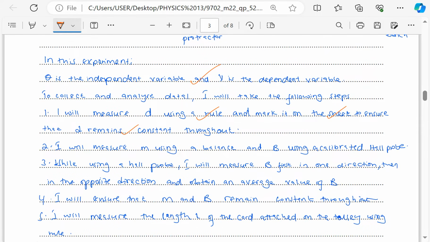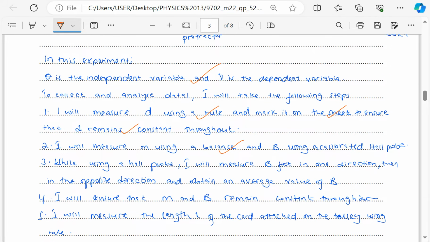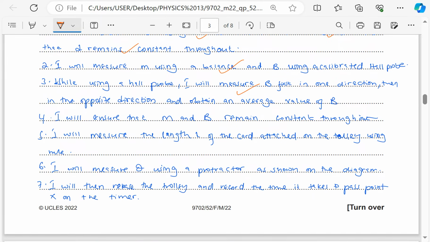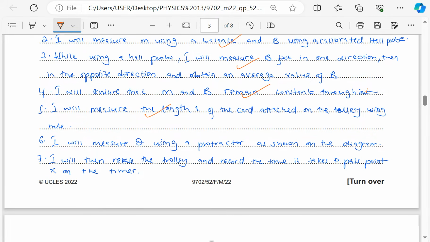Measuring M using a balance and measuring B using a calibrated Hall probe, those are 7, 9. Improving the value of B while using a Hall probe, those are already 10. I will ensure that M and B remain constant. That is correct because they affect the results. Then I'll measure the length L of the card attached on the trolley. That is also correct. I'll measure theta using a protractor.